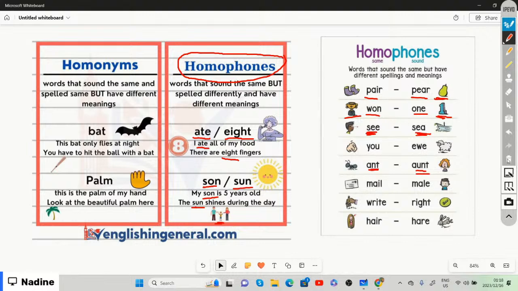Right? So these are but a few examples, once again, of homophones, where the words sound the same, but they have different spellings and meanings.